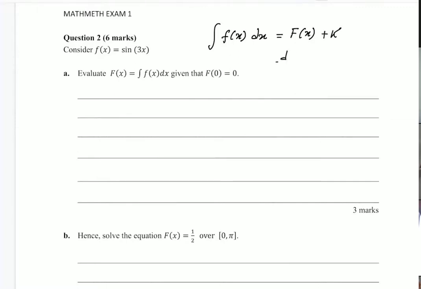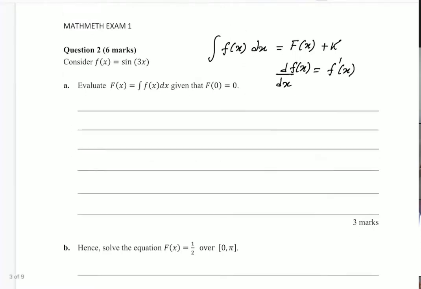Similarly, d/dx of f(x), you write f prime x. So if you remember earlier, the integral from a to b of f(x) dx is written F(b) minus F(a). In other words, this is nothing but F(x) with a and b boundaries. Now you need to find this.